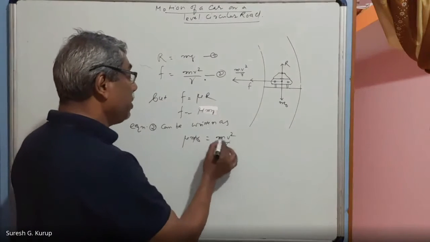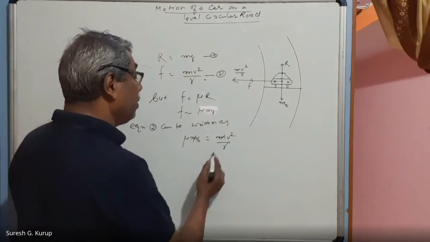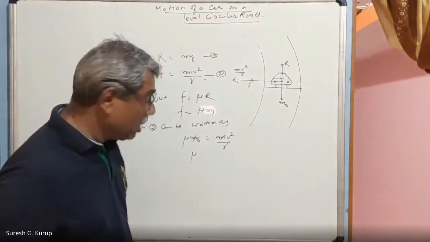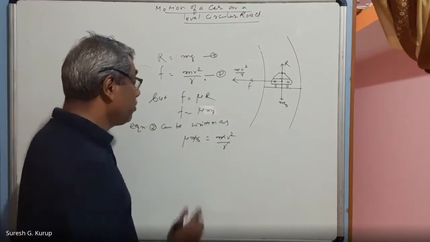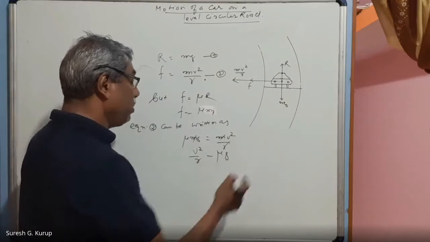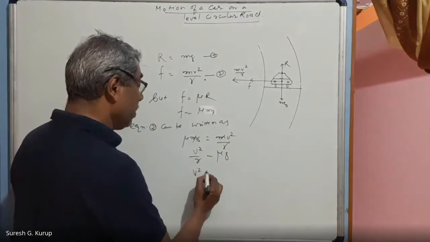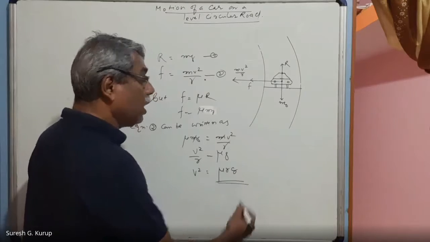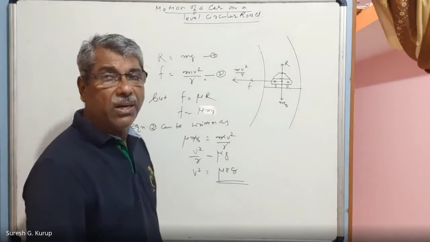Therefore, this m and m cancel, and v square by r is equal to mu g. Therefore, v square is equal to mu r g, where r is the radius of the curve or circular path.